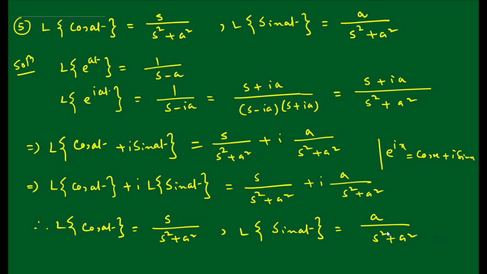Okay, now let us take one more. In the same way, we can prove it for hyperbolic functions also. We have the Laplace transformation of sin hyperbolic at, and the Laplace transformation of cos hyperbolic at also. Let us show one. The Laplace transformation of sin hyperbolic at is a divided by s square minus a square, where s will be greater than mod a.